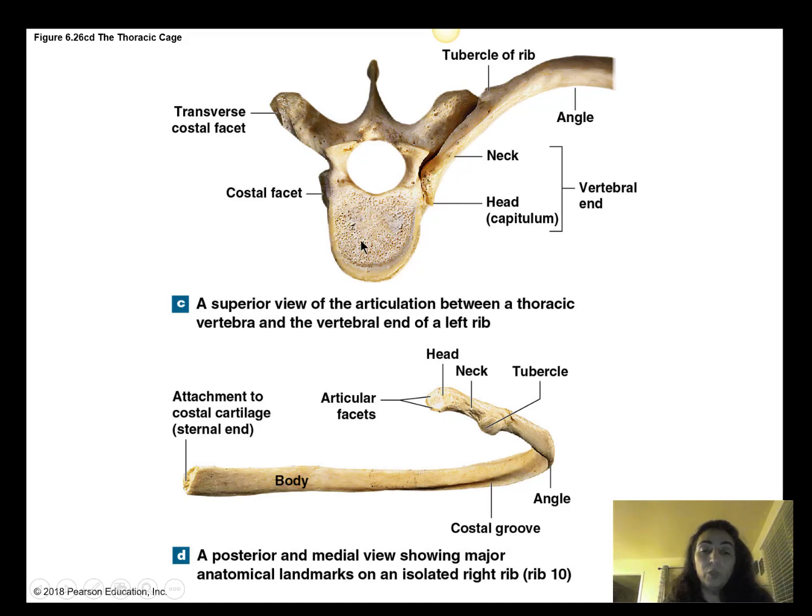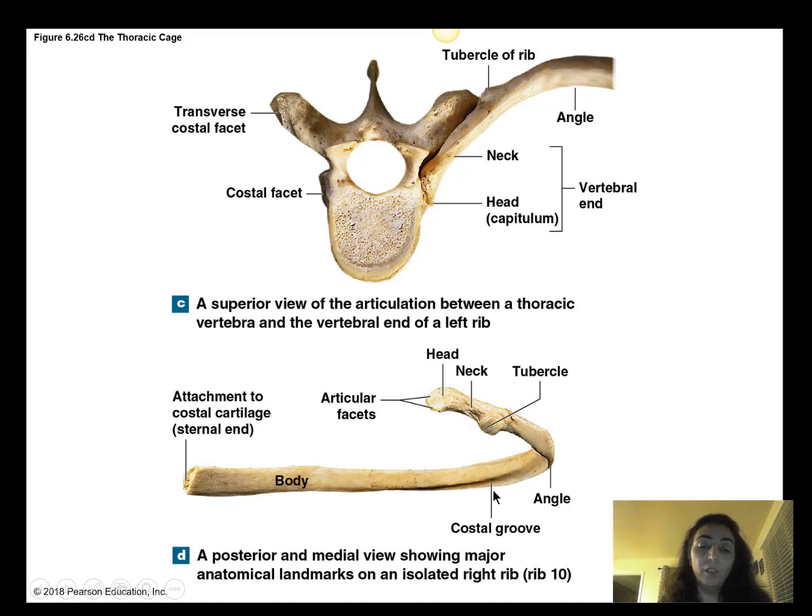To first orient yourself, this is the body of the vertebra, therefore this is the anterior side, and the spinous process is the posterior side, right? So the rib is attaching here, the head of the rib, and this is the vertebral end, where we have the head, neck, and tubercle. This is the vertebral end because it's going to attach to the vertebra.